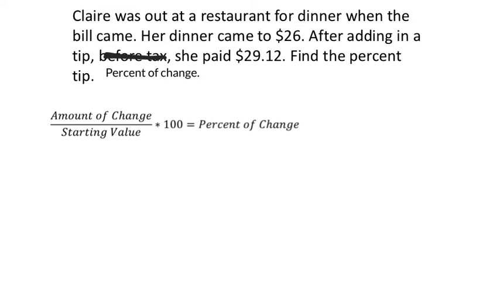Let's start with our amount of change. We're finding how much it changed from where the dinner started to where it ended. We just take the big one, which in this case is the $29.12, and we will be subtracting how much it started at, which is just a smaller amount. That's all we really care about there.